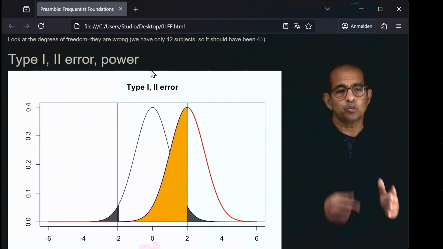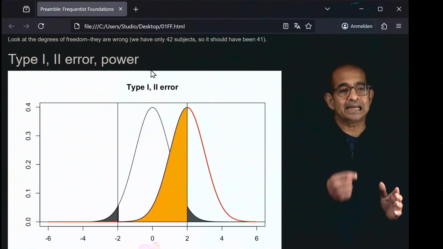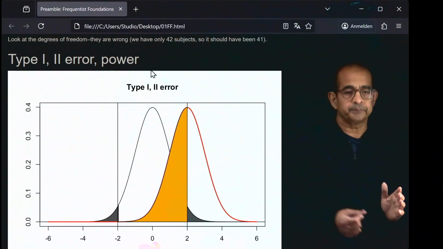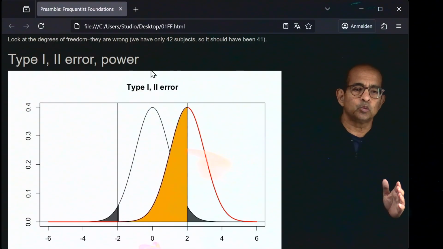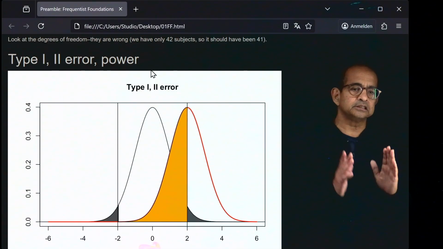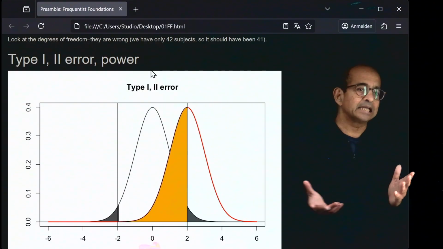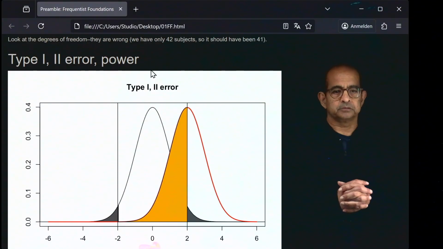And you want to keep the type 2 error as low as possible, right? So what that means is you want this orange shaded region to be as small as possible, as practically possible.